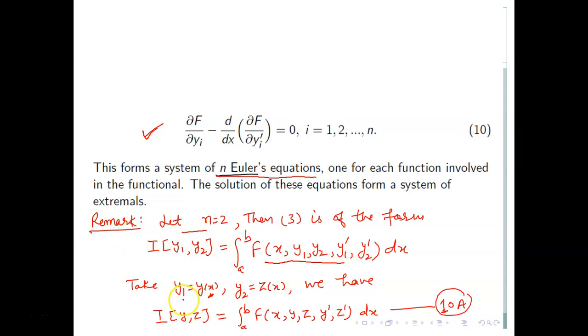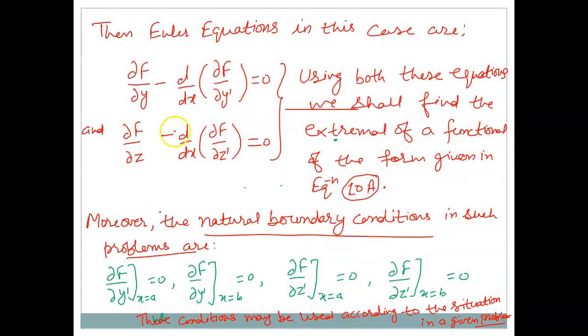So simply, if y1 is y(x) and y2 is z(x), we can write this functional in this form: I of y, z equal to the integral from a to b of f of x, y, z, y dash, z dash dx. I'm calling this equation 3a. In view of this functional, there are definitely two functions, y and z. So in view of the above discussion, we must obtain two Euler equations as follows.